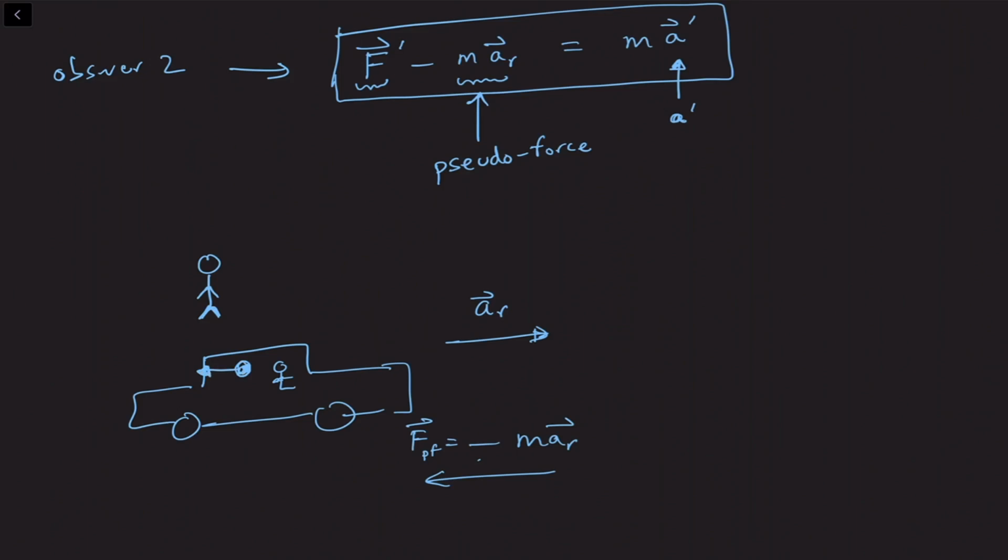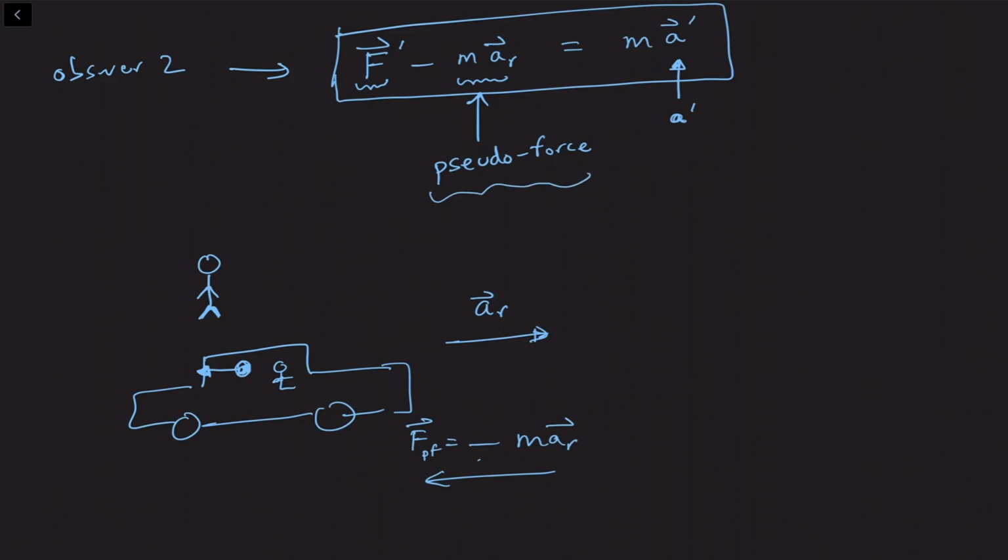In reality, the balloon is at the same place and she is accelerating to the right. So the balloon appears to be accelerating backwards because of her acceleration in the forwards direction. Now, she can attribute no physical cause to this. There's nothing in contact with the balloon. She would simply say that there is an extra pseudo force that appears out of nowhere.